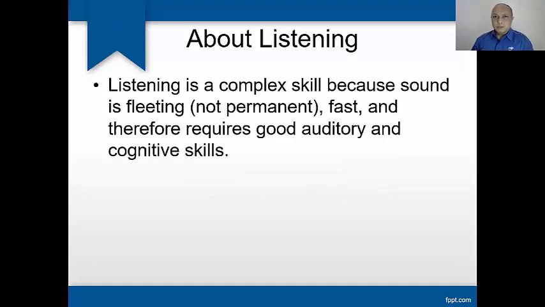Now, a few words about listening is that, as I said before, listening is a complex skill because sound is not permanent. It's fleeting. Fleeting means it only exists for several seconds before it disappears. As you listen to my voice, it only exists for a fraction of seconds before it's gone. You cannot hear anymore because it's gone.